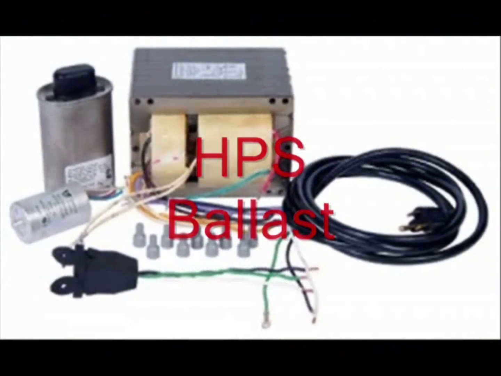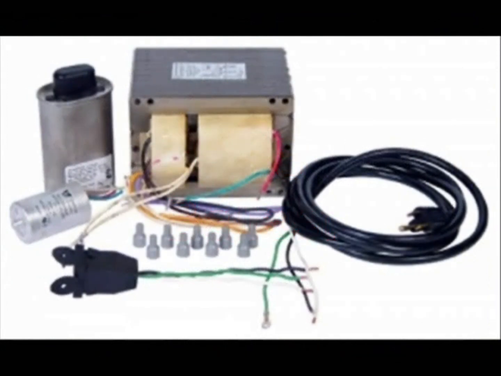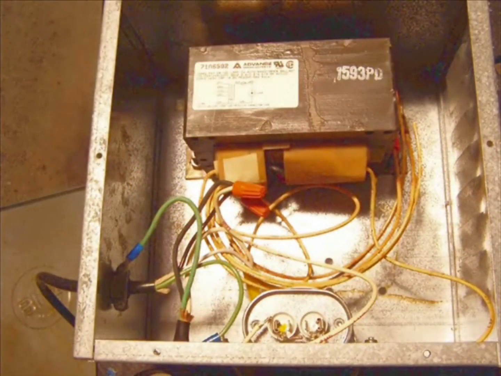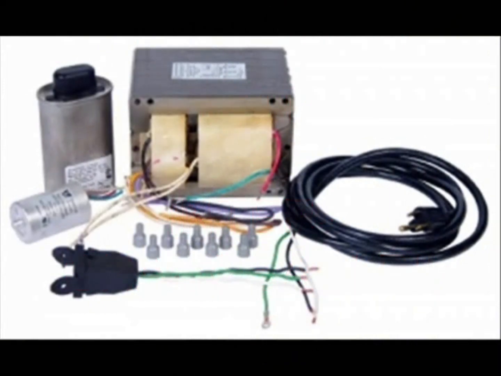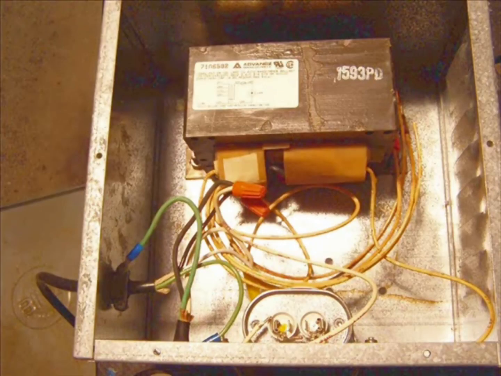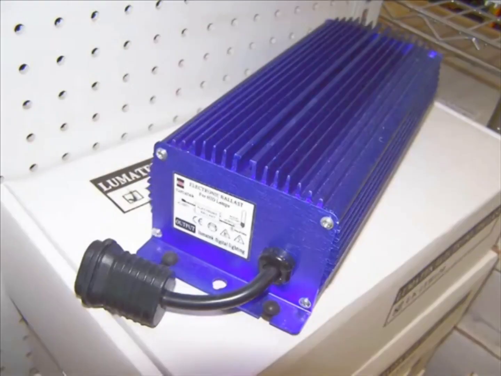The high-pressure sodium ballast is basically the same as the metal halide ballast, except that a starter circuit has been added. A note of importance: these ballasts are not interchangeable. In other words, a high-pressure sodium lamp cannot be used in a metal halide ballast, and vice versa.